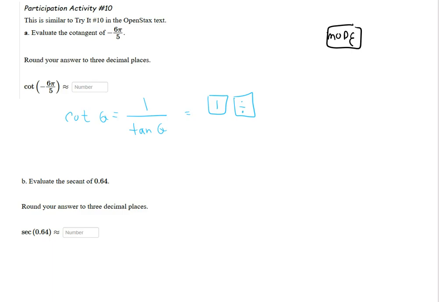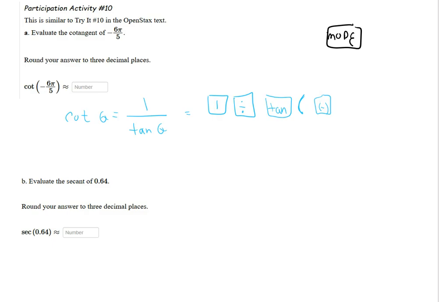Let me do it that way. So 1 divided by, and then you're going to have to hit your tangent button, T-A-N, and a parenthesis automatically shows up. And then I have to hit the negative sign on my calculator, which looks like that.